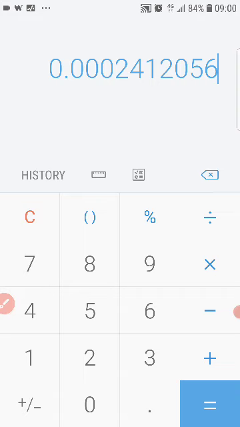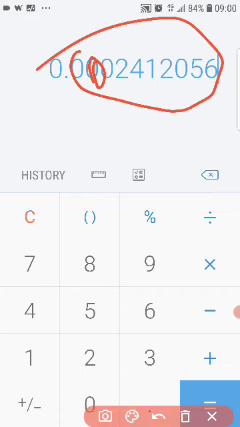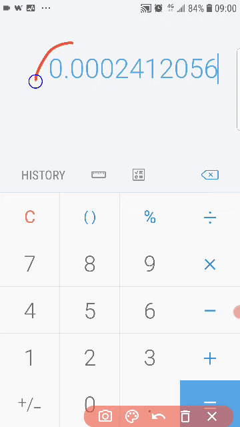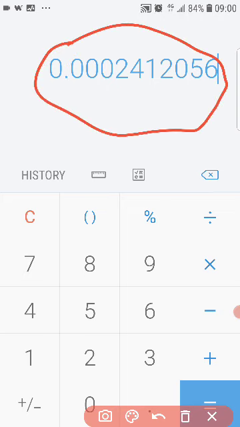This is what we get. This is the amount for 1 Satoshi in dollars. So 1 Satoshi is 0.00002412056 dollars, and this should be in pennies. This is about 24 pennies.